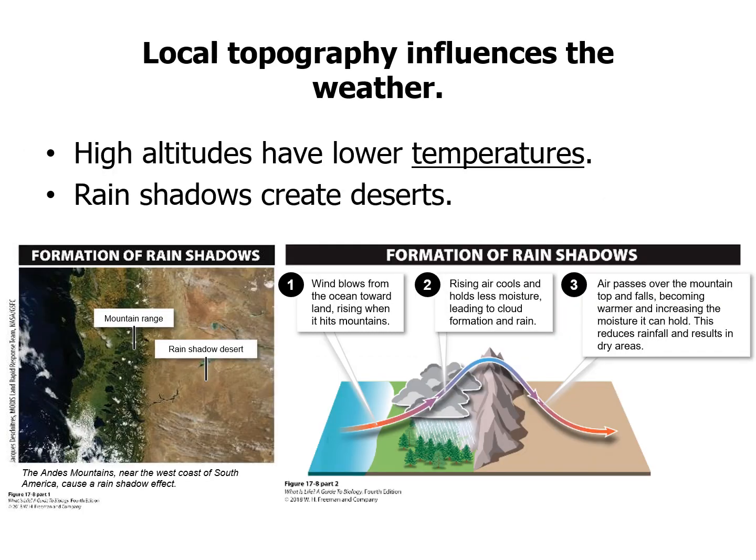So, moving on to how weather can be influenced by topography. Topography is going to just be physical features of the land. And when we talk about topography, this can be anything from mountains to buildings, even. It doesn't necessarily have to be something natural, it can also be something man made.